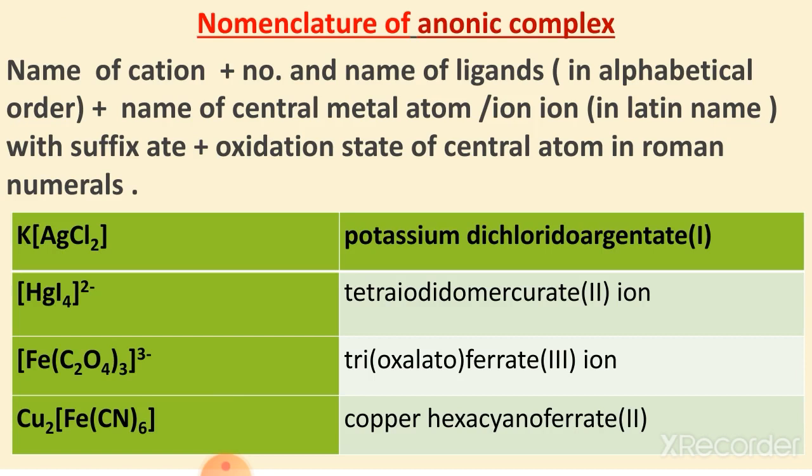So look at the example, K[AgCl2]. Here K is positively charged, then in the square bracket we have a negatively charged ion, so this complex is basically an anionic complex.